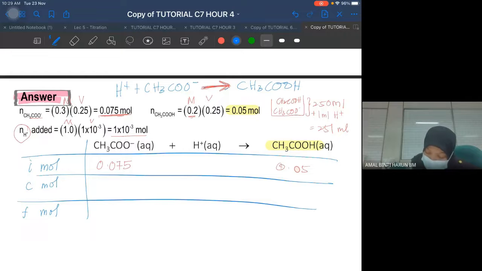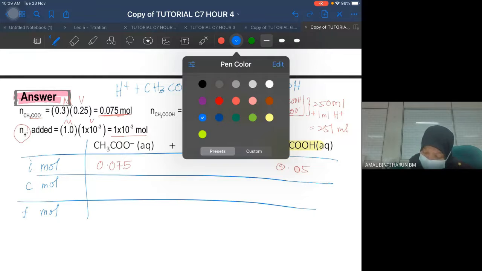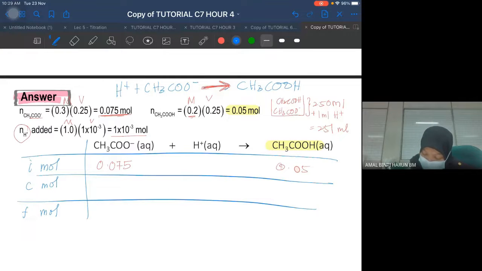So kita tambah H plus tadi, strong acid sebanyak exponent negatif 3 mole. So by right dia akan consume sebanyak 100% acid added ni akan di neutralkan.